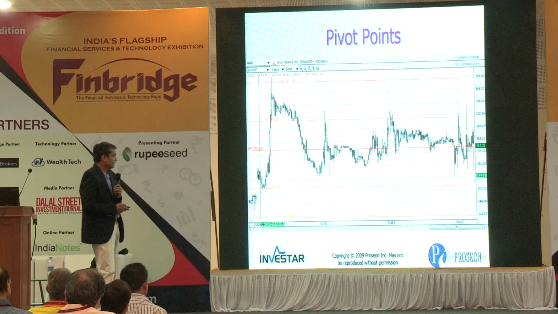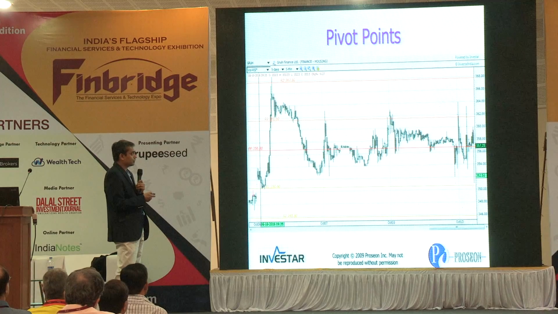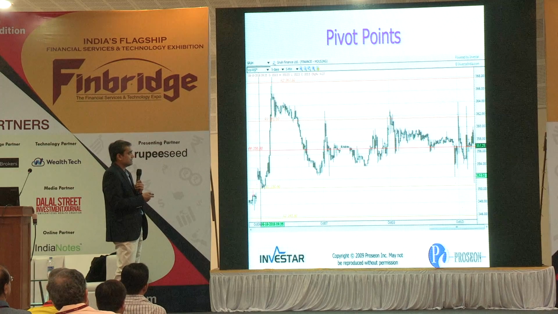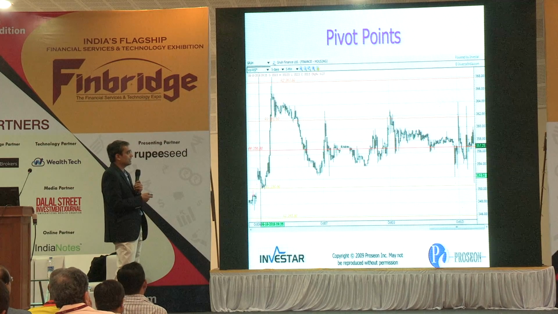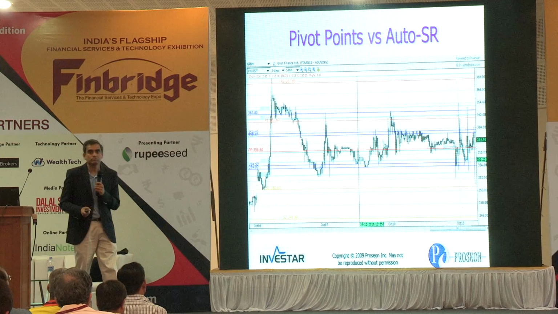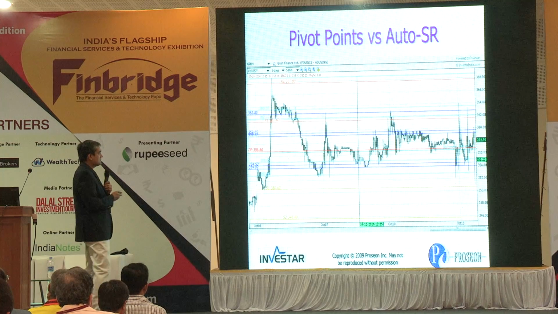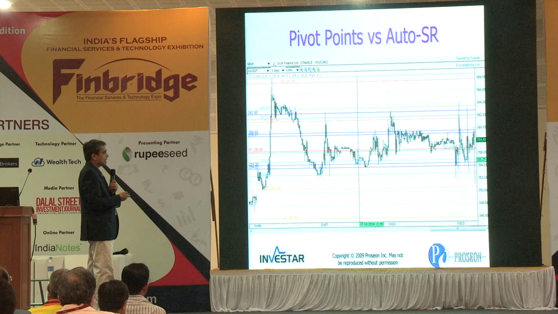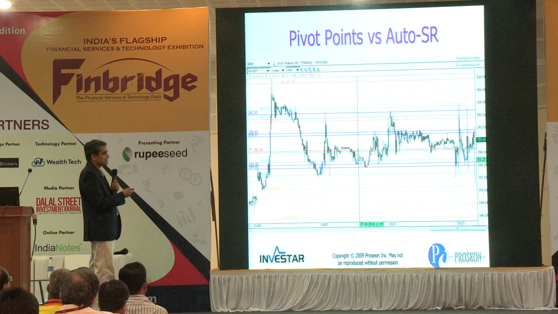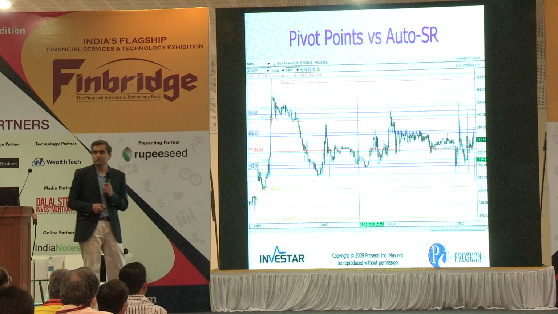One thing that you have to understand is that in this chart, for example, you will see that there is a resistance over here which is not really captured by the pivot lines. And that is what is important. Pivot lines are not going to capture all the resistance levels. You can see that where these dark blue lines are, there's quite a bit of resistance. The stock was not able to cross that, and that is not captured by the pivot levels.